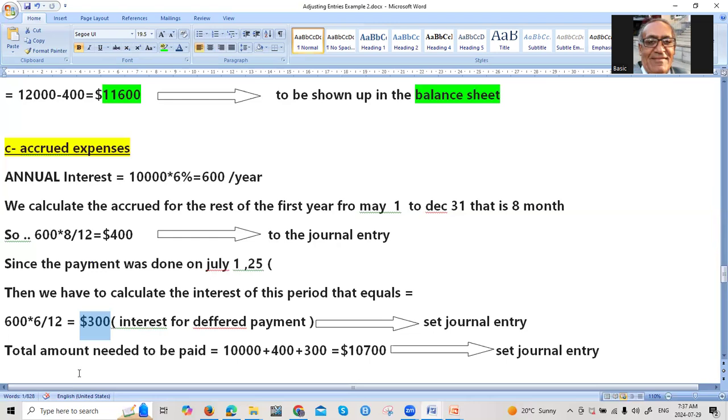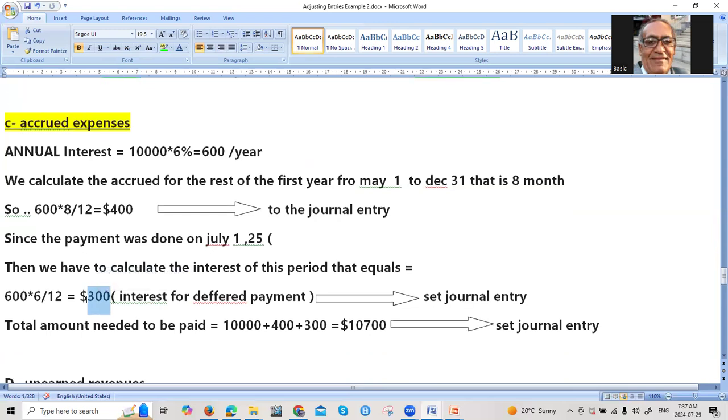Okay, guys. So here, that will equal $300 as well. So here, now the total interest will equal the $400 plus the $300, plus the principal of the money, which is $10,000.